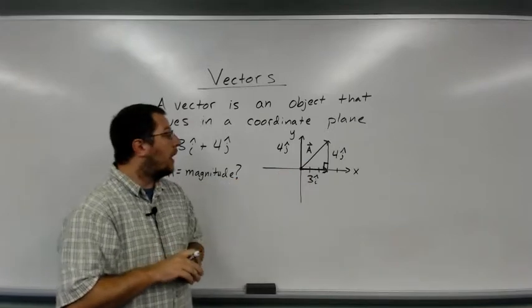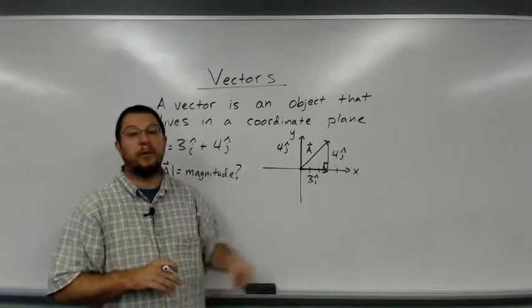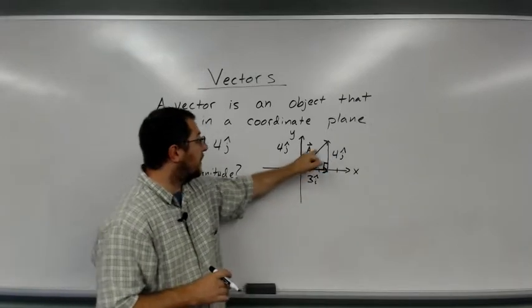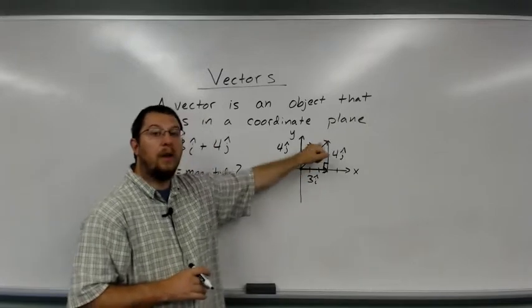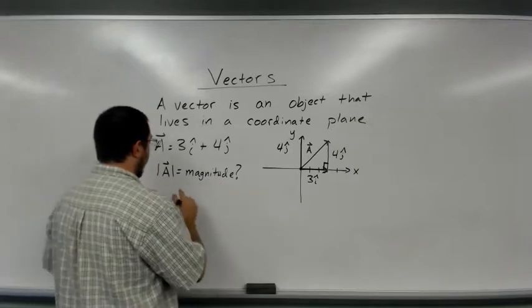And what that means is if I have things that are perpendicular, I'm going to be able to use right triangles. So if I want to calculate the length of this line, all I have to do is use the Pythagorean theorem. And so what is the magnitude of A?